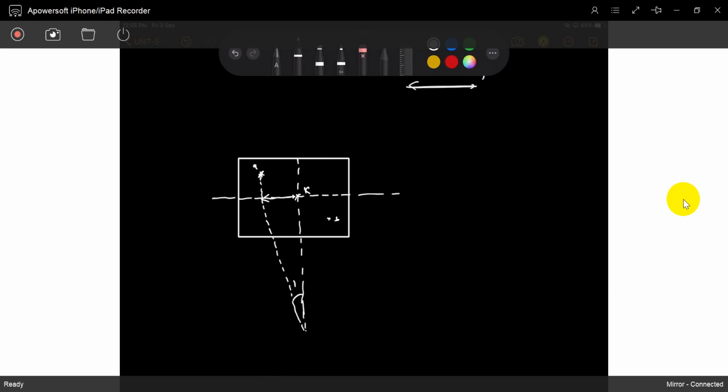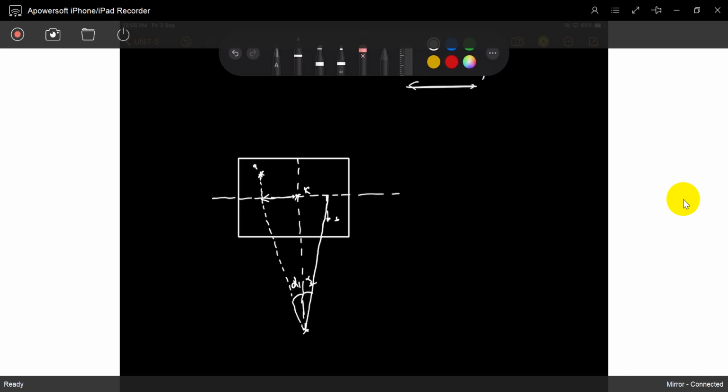You can call it alpha. This point also has a horizontal distance. This is called alpha 2. You can call it alpha A, alpha B, anything.